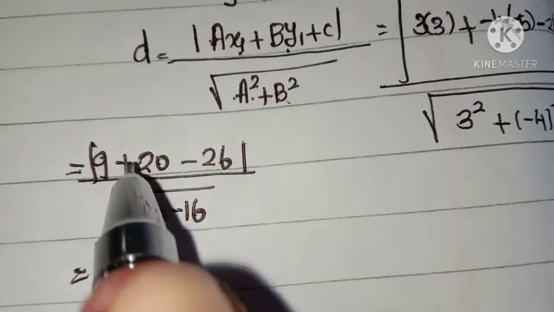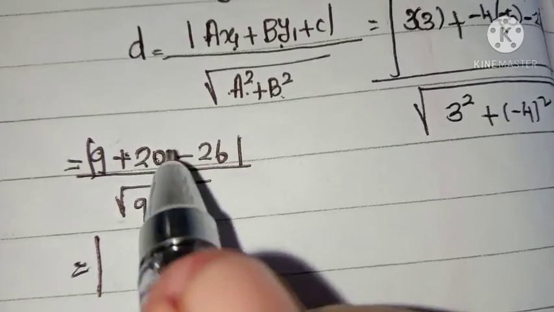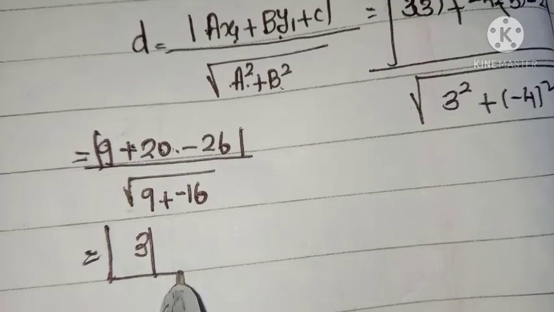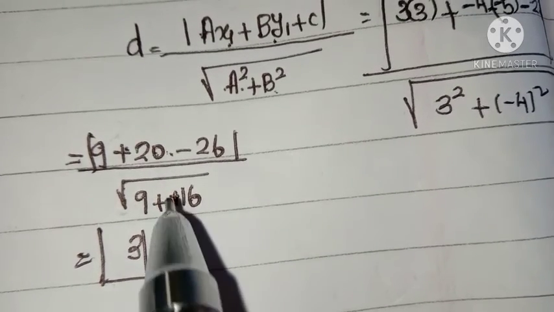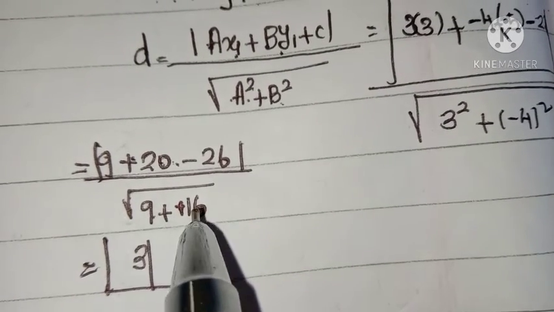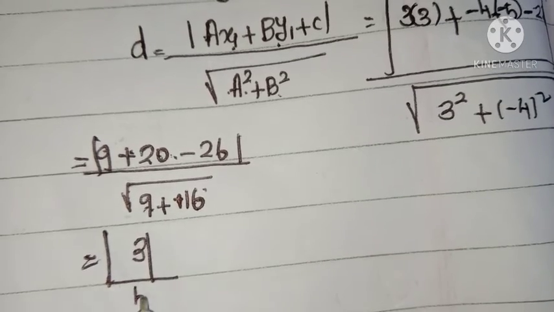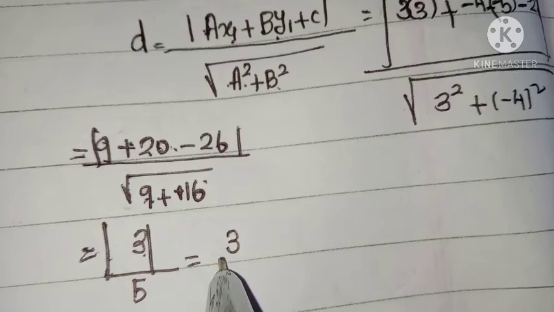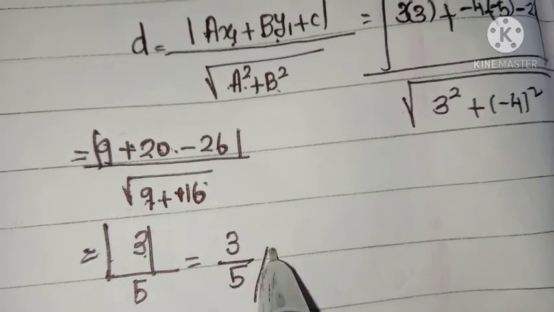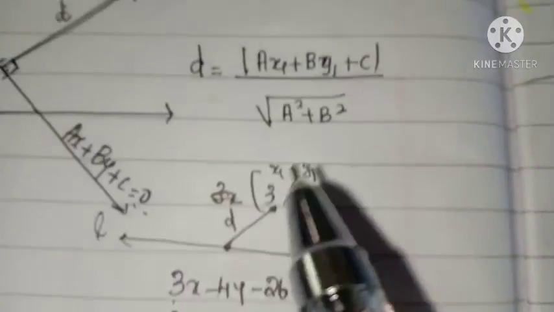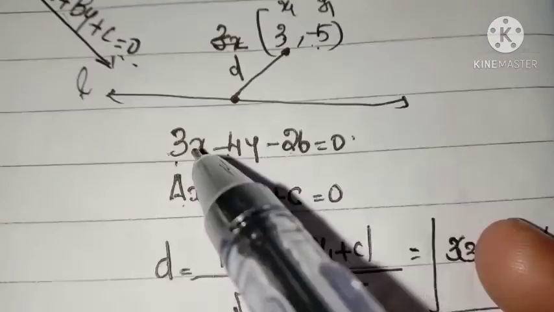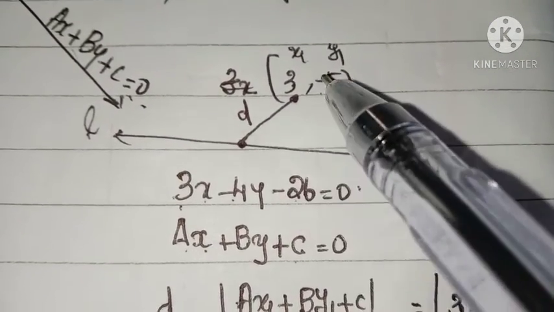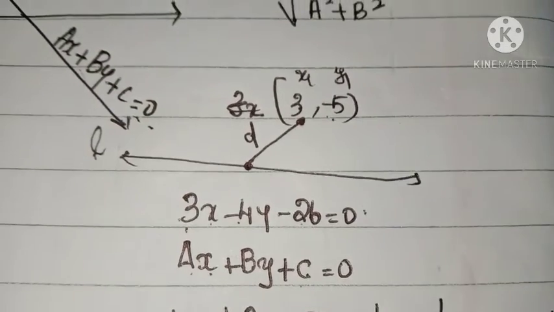That is 9 plus 20, 29, 29 minus 26, 3, by 9 plus 16, 25, root of 25 is 5. Now modulus of 3 is positive 3 itself, so 3 by 5. This is the distance from the line 3x minus 4y minus 26 equal to 0 to the point 3 comma minus 5.